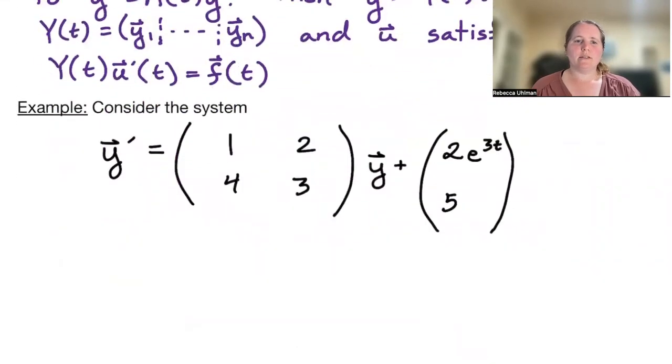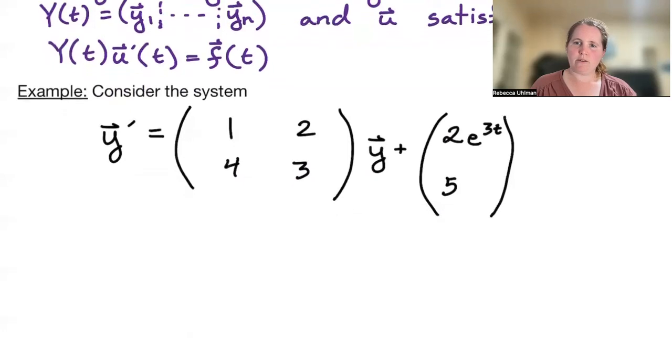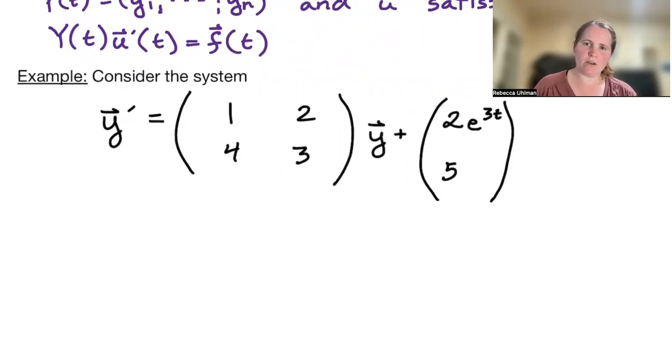So let's consider the system y prime equals the 2x2 matrix with 1, 2 for the first row and 4, 3 for the second row, times y plus the vector 2 times e to the 3t for the first position and 5 for the second position. So the first thing we need to do is solve the homogeneous system.